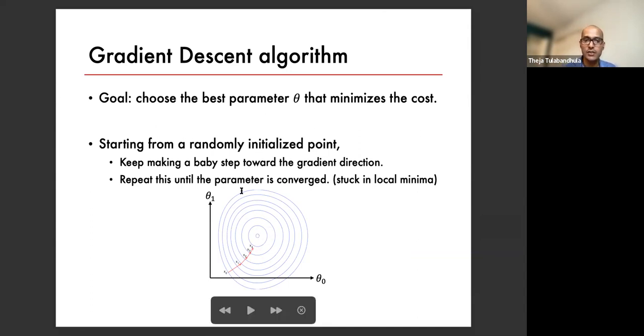So all these circles are the top view of this bowl, where the connected points are points which evaluate to the same cost value. These are the contour plots you would see, for example, if you've gone hiking on mountains. You can see that the starting point here is represented as x naught, but you can just think of it as some first value of the theta vector, which is two-dimensional now.